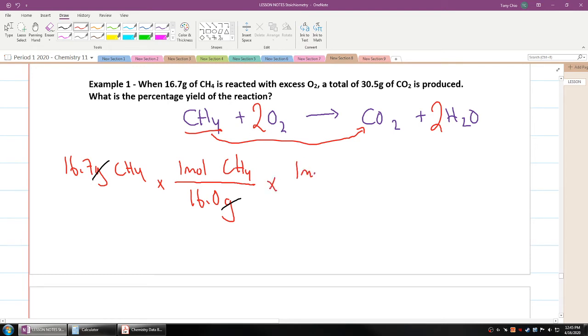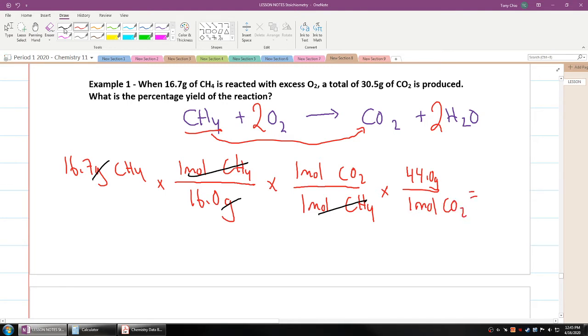So it's 1 mole of CO2 over 1 mole of CH4. And now we can see our moles of CH4 also cancel out. Our last thing is to get to mass of CO2, which is going to be 12 plus 32. That's 44.0 grams, the molar mass of CO2 per 1 mole of CO2.